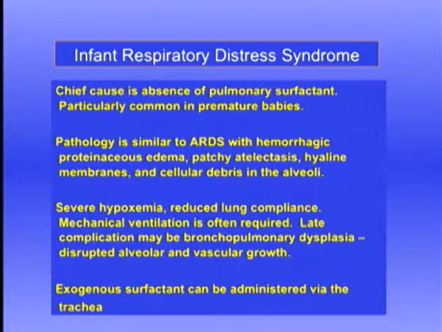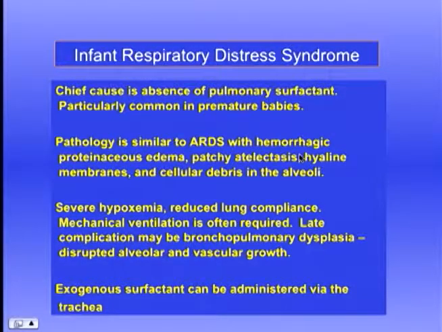So the pathology is not all that different from the adult respiratory distress syndrome in the sense that you get a hemorrhagic proteinaceous edema. I mean, it's quite clear that the capillary walls are damaged, the blood gas barrier is in bad shape. Again, you get patchy atelectasis, you get hyaline membranes, which have to do with cellular debris in the alveoli, and you see that as well.